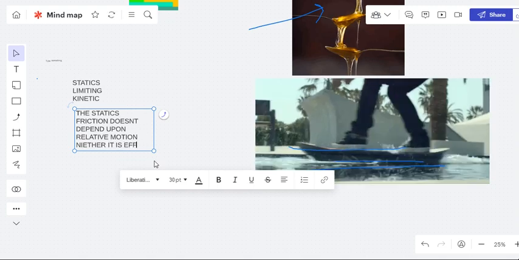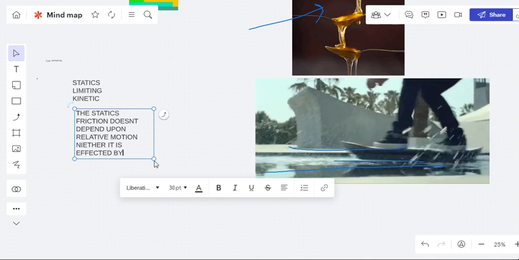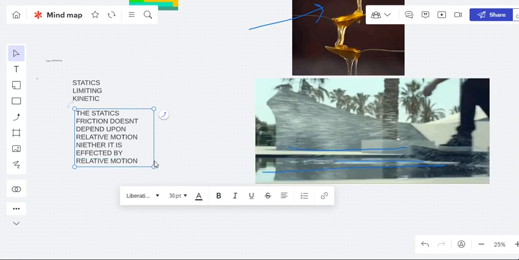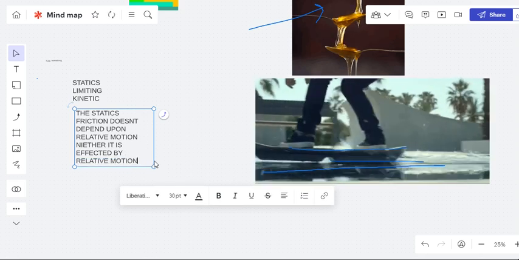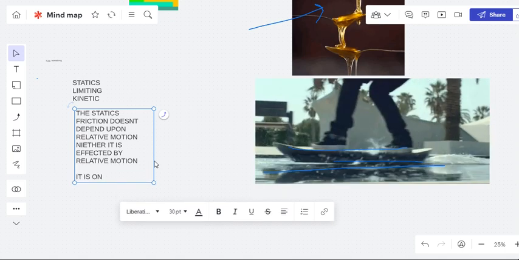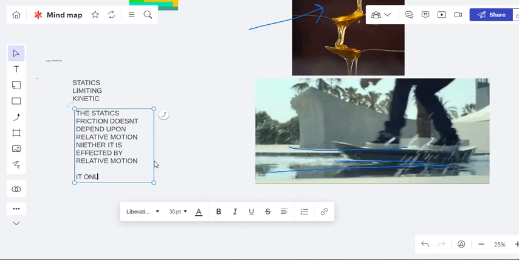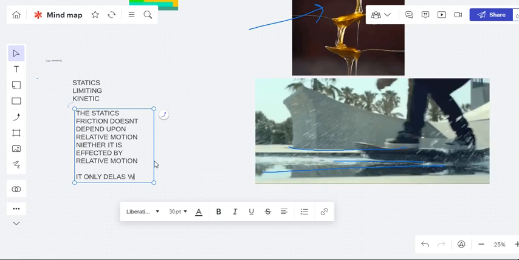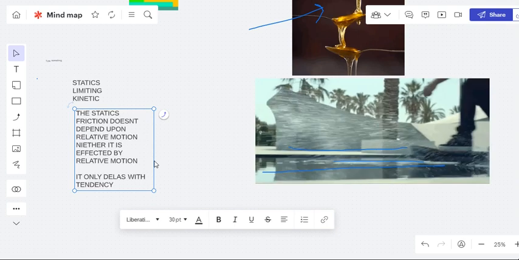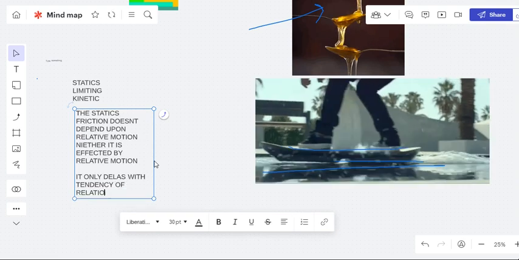It only deals with the tendency of relative motion. Okay, what is tendency of relative motion? Then we discuss it with the help of a diagram.